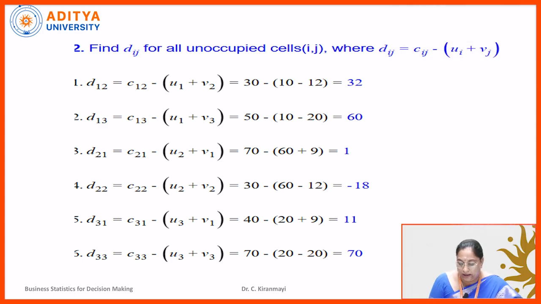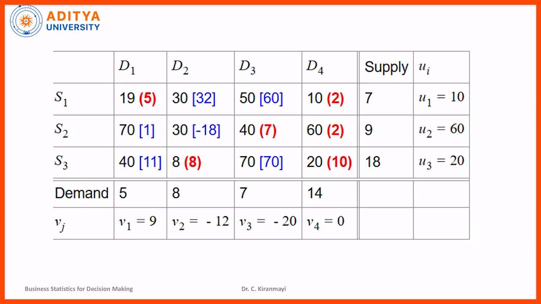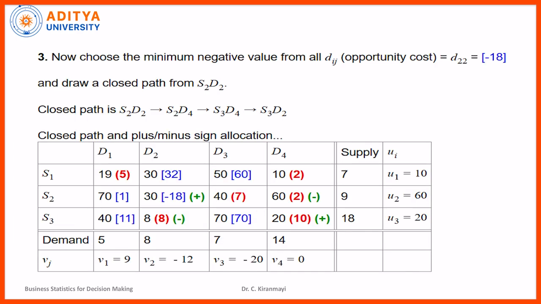Let us look at the Dij values. There is one negative value. Therefore, one Dij is negative, and the initial basic feasible solution is not an optimum solution. Therefore, we have to proceed to the next iteration, that is, the first iteration.